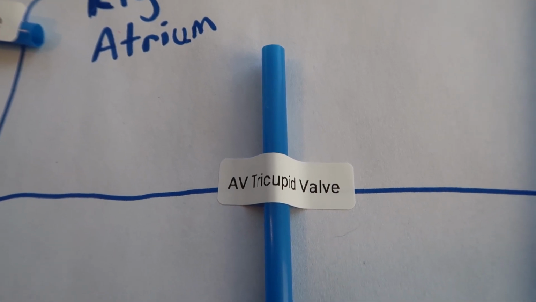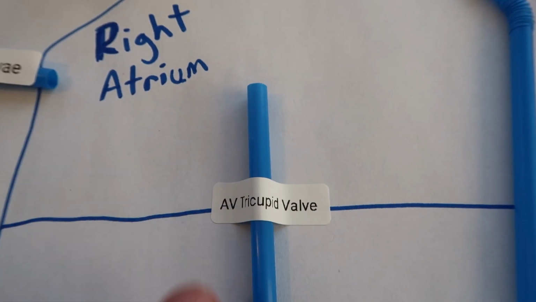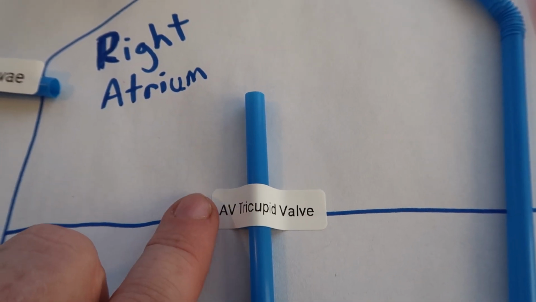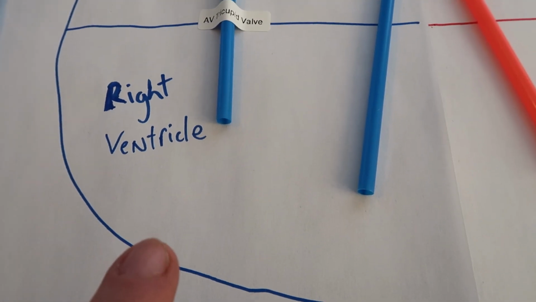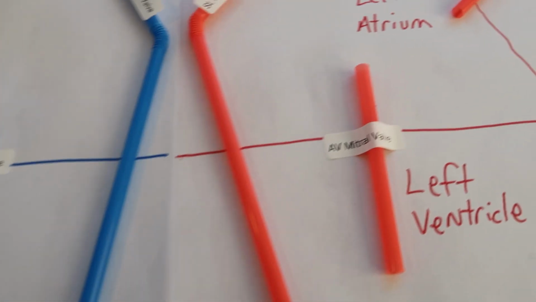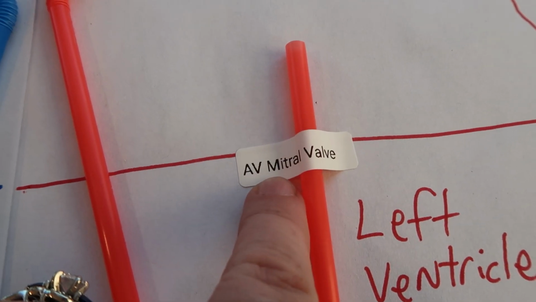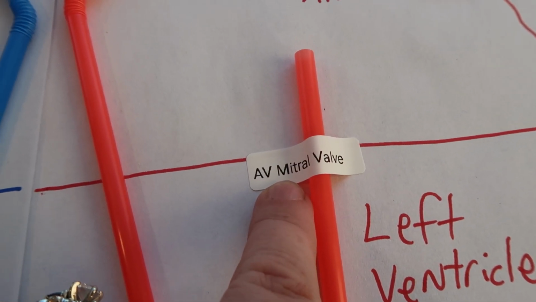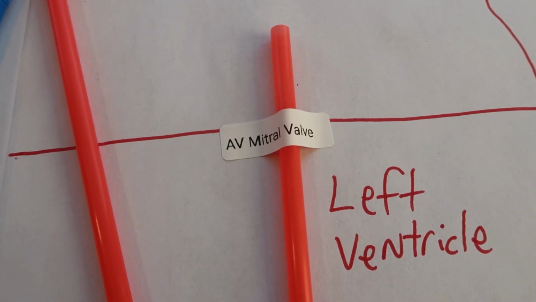View the valves like doors that will open and close to help prevent blood going backwards. If this door closes, then blood should not be going backwards, because blood always wants to move forward. Now the other side, on the left side, is called bicuspid or mitral. The AV mitral valve separates blood from the top and the bottom on the left side.